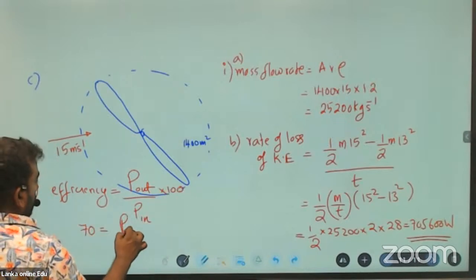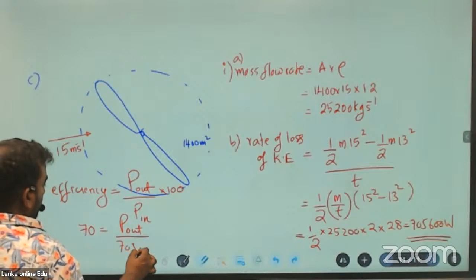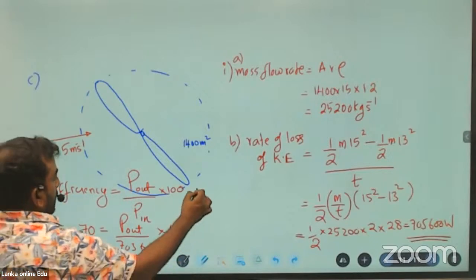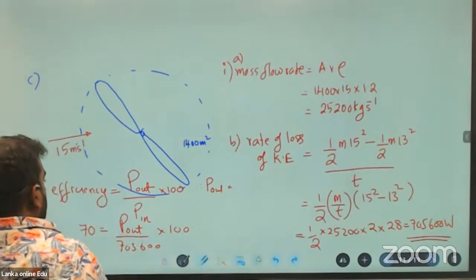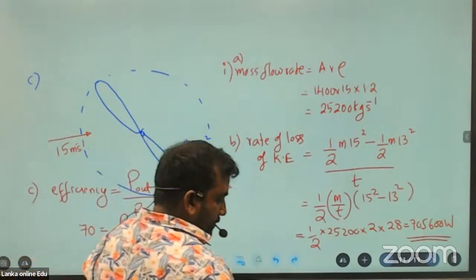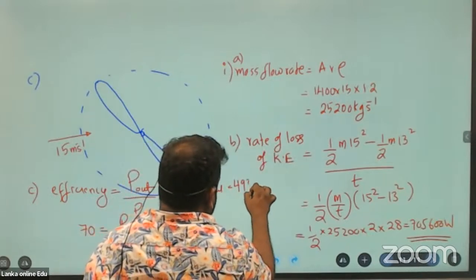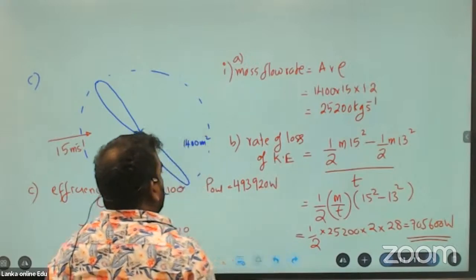Power output we don't know, but the power input we know: 705,600. Therefore, power output is 70% of that, 493,920 watt.